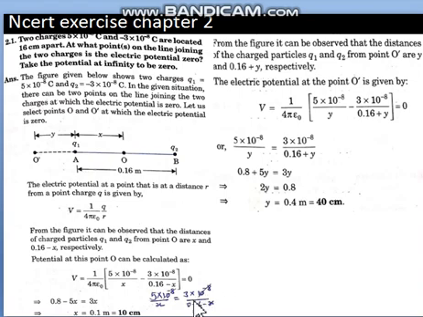So similar terms cancel, cross multiply, and finally you will see that the x answer is obtained as 0.1 meter or 10 centimeter. That means if this is 16 centimeter distance, then at 10 centimeter from charge A, the net voltage will be 0 in between the charges.